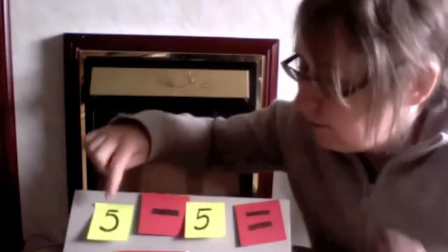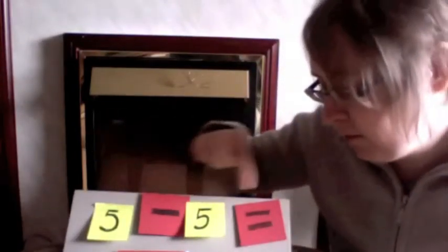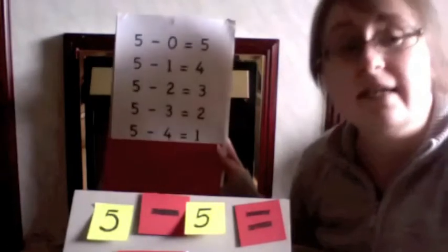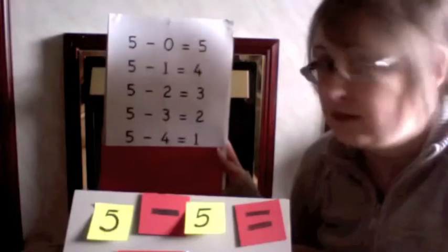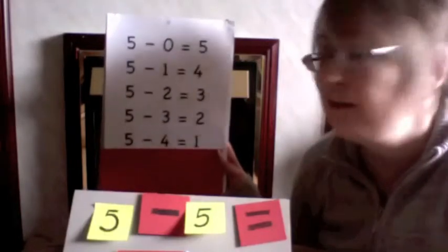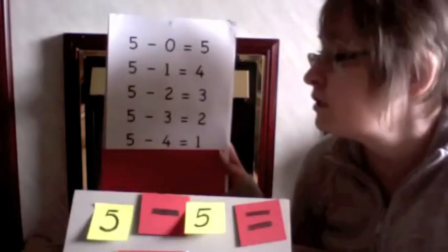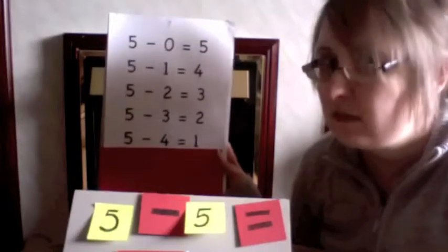And this time, let's take 5 away. 5 take away 5 equals. Can you guess? Could you look at our subtraction facts and guess how many will be left? There is a clue if you look at the very first subtraction fact.